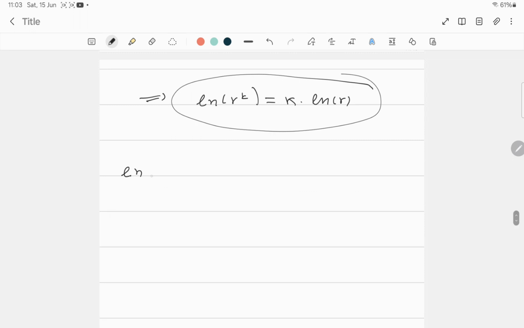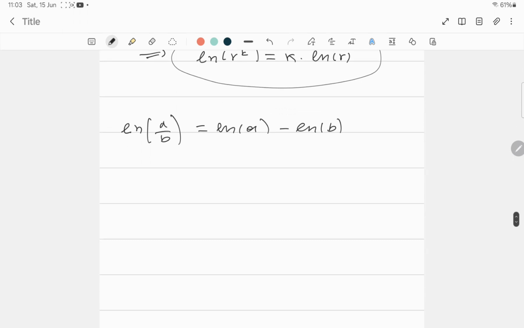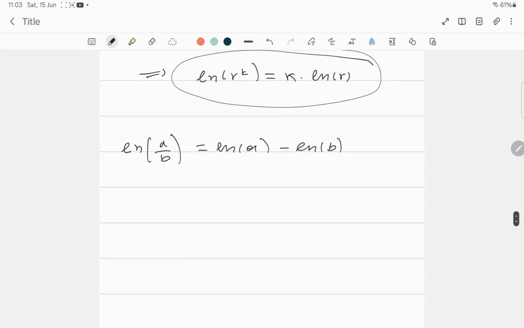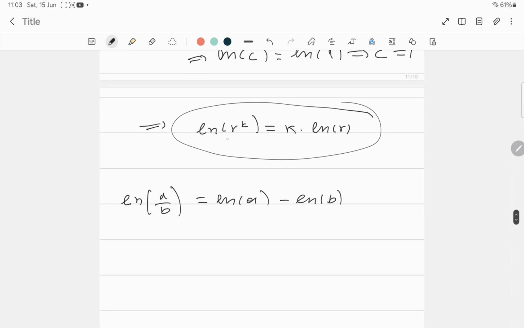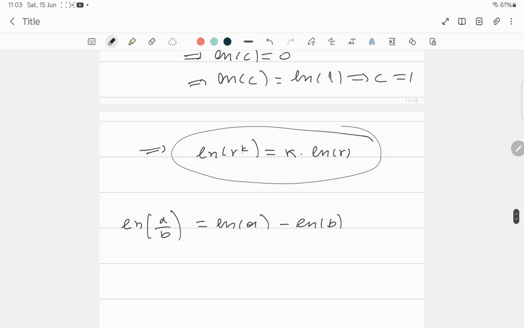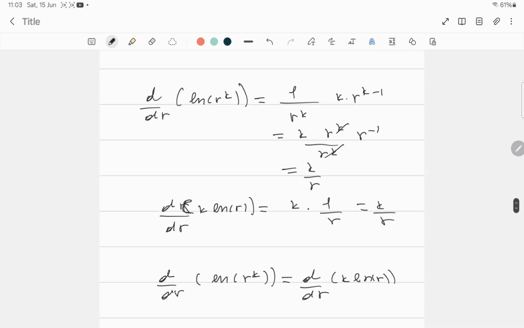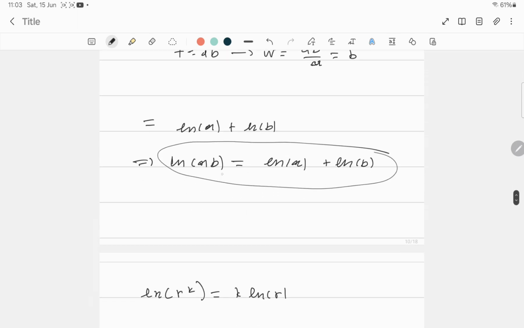The other property is that the natural logarithm of a quotient of two numbers is the natural logarithm of the numerator minus the natural logarithm of the denominator. In order to prove this result, I will combine this property here, taking down the power inside the argument of the logarithm, and also I will use this property here with the natural logarithm of the product of two numbers.